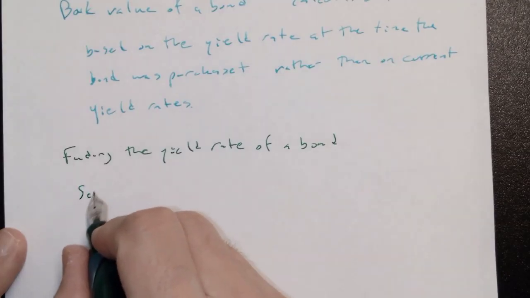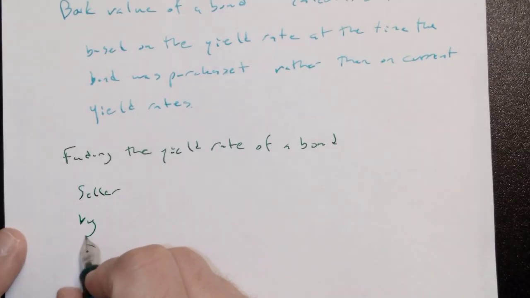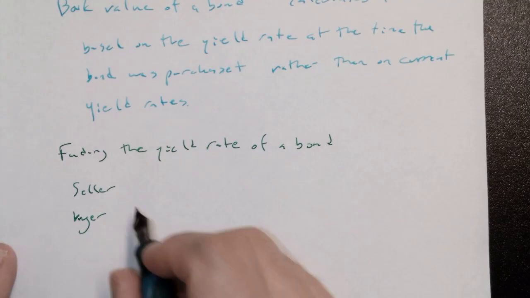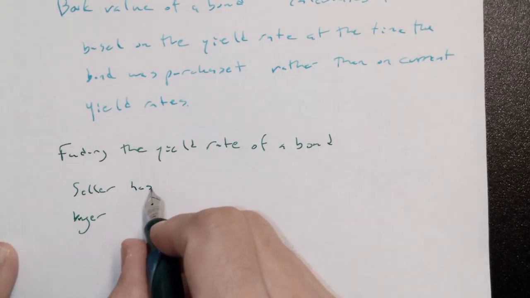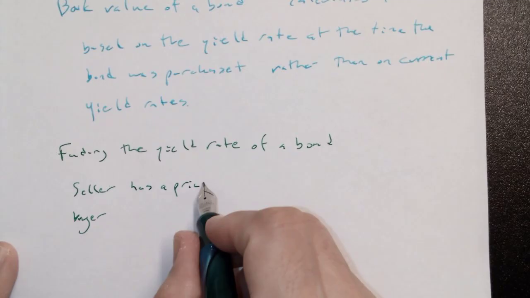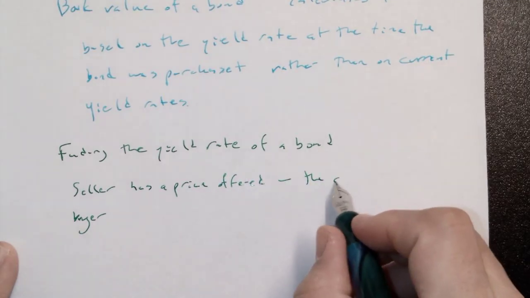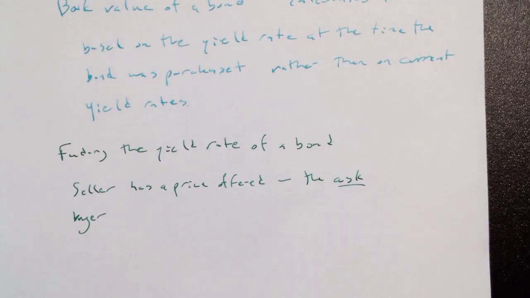There's a seller and a buyer, right? And the seller says, I want this much. We'll call that the ask. I'm asking for this much for the bond. The buyer offers a price.